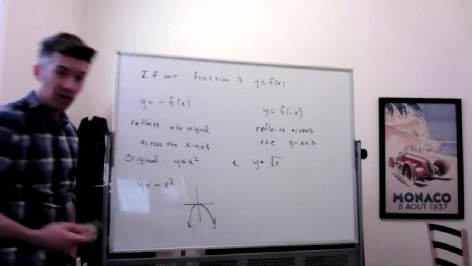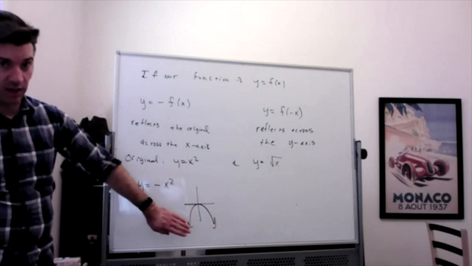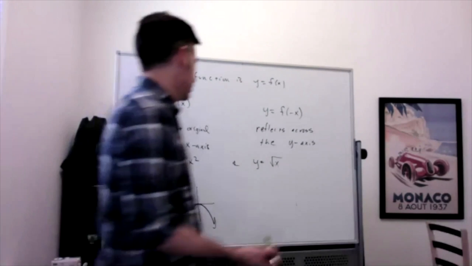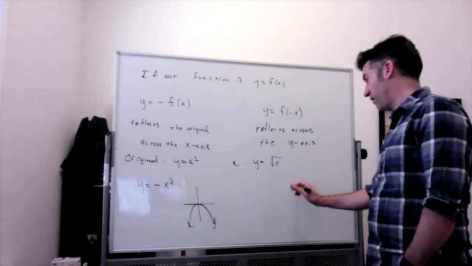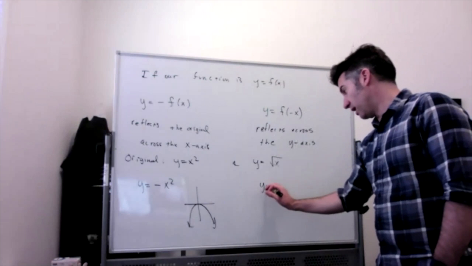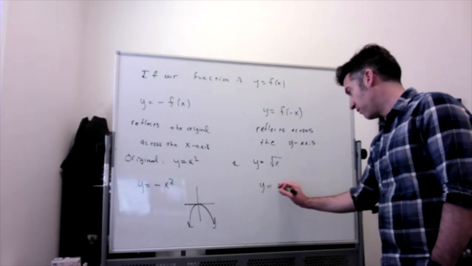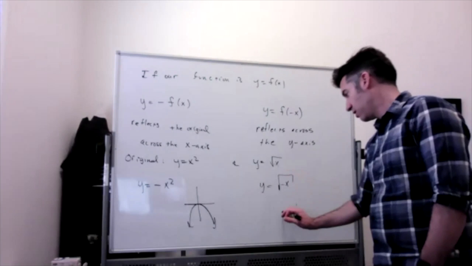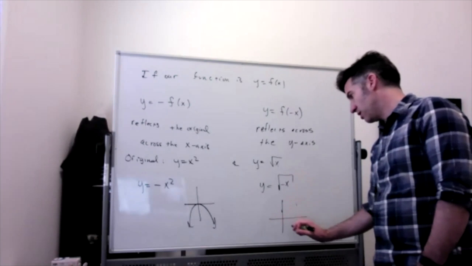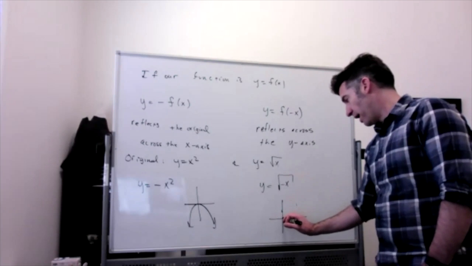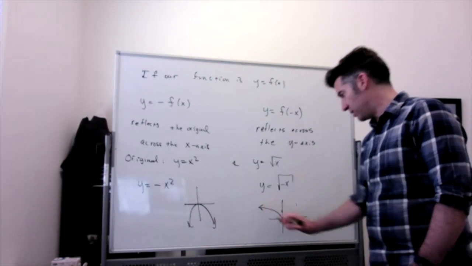It's the regular x squared function, but flipped over the x-axis. Or y equal to the square root of x, if I do the negative on the x before I take the square root, I'm going to flip that across the y-axis. So it's going to look like that instead of like the original.